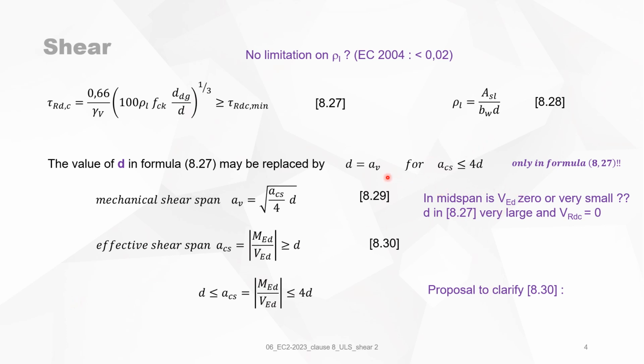Something to mention is that you can replace d by the mechanical shear span, but apparently only in formula 8.27, not for the other formulas where d is there in relationship to shear force. So it's not very clear, but the interpretation until now is that d can be made equal to the mechanical shear span only in the formula for the shear stress capacity of the concrete alone.